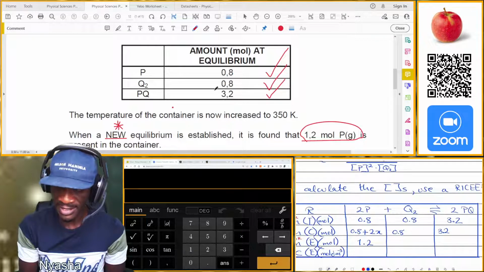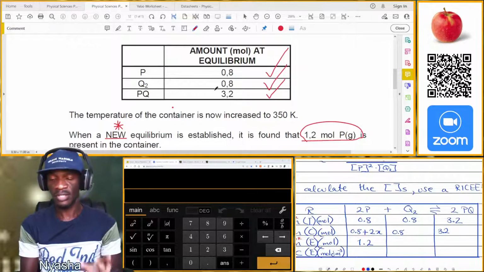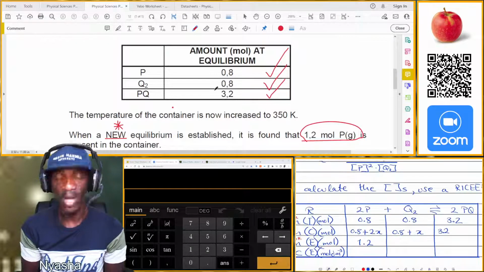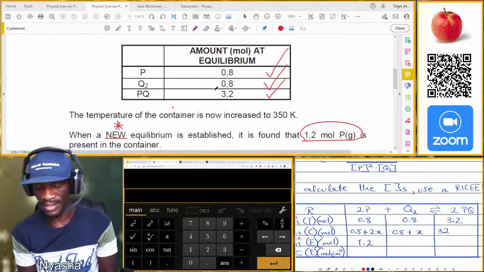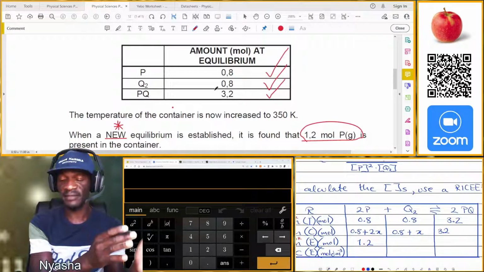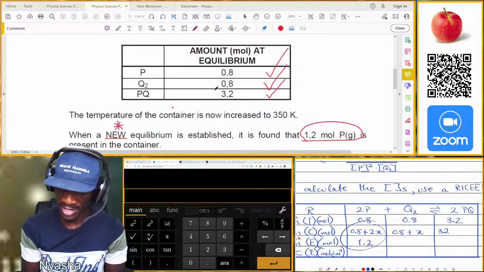So 0.8 for Q, 0.8 will what? Will increase by X, isn't it? Just because the coefficient there is 1. Why are we saying it's increasing? Because the chemical reaction, as we can see, is actually favoring what is on the left-hand side.